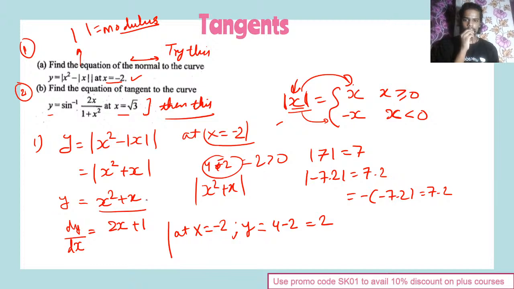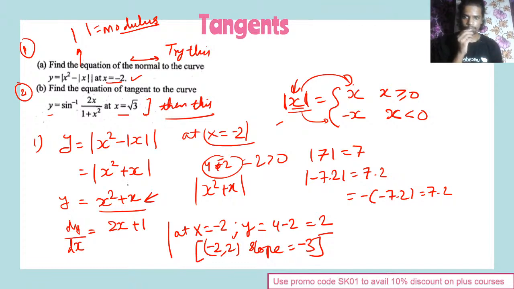If you put x equal to minus 2 here, you will get the answer as 2. So the point is minus 2 comma 2, and the slope is 2 into x plus 1. What is x? x is minus 2. 2 into minus 2 is minus 4, plus 1 is minus 3. This is the slope.